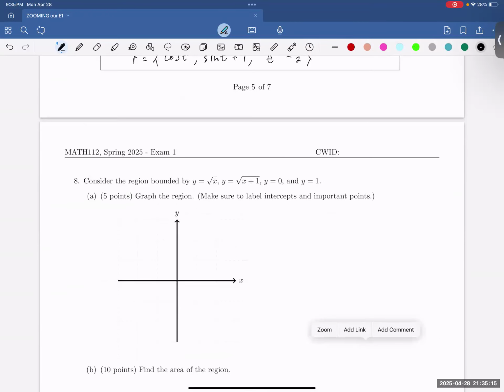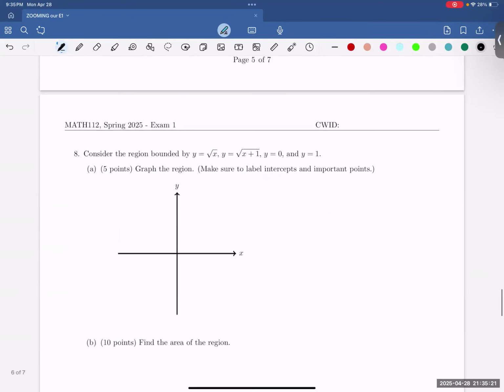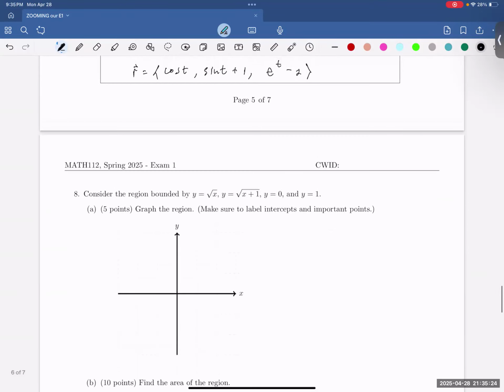Consider the region bounded by root x and root x plus 1, y equals 0 to y equals 1. Graph. Okay, so let's see. There's my y from 0 to 1.